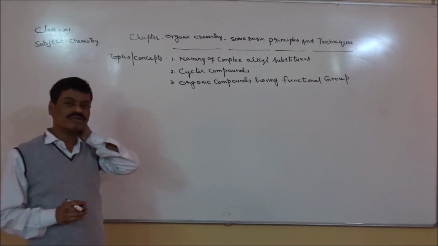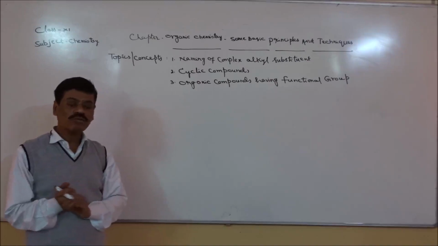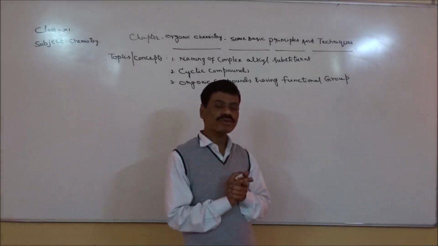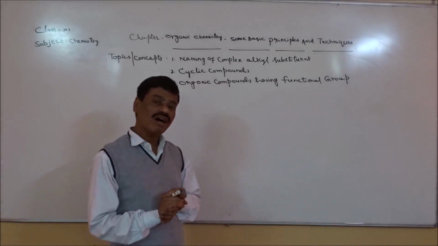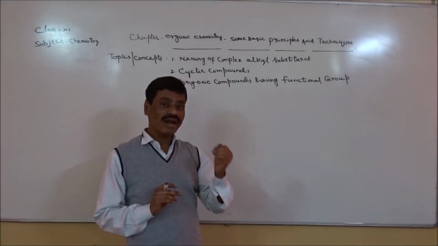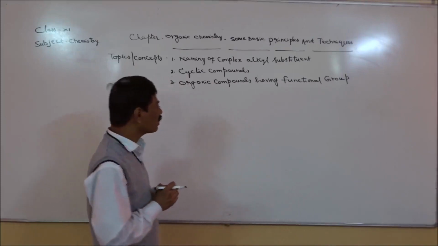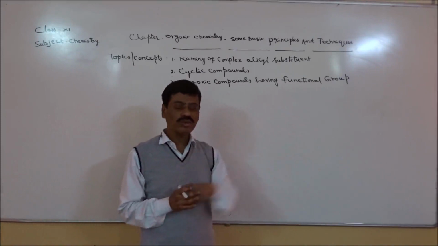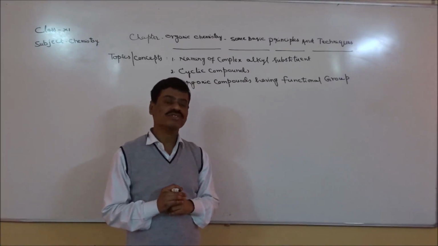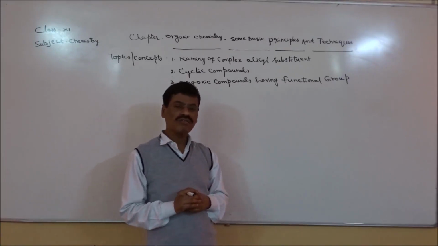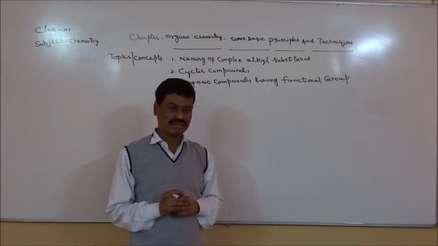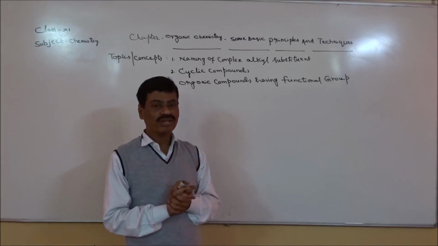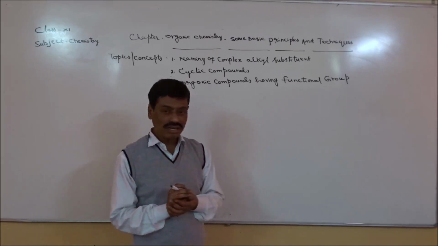Any organic compound which has a functional group will have two parts. One is the functional group, that is the active part of the compound, and the second one is the alkyl radical, that can be the long chain hydrocarbon part. And the functional group concept is known to you: an atom or group of atoms which are accountable for similar properties of the entire compound is known as functional group.